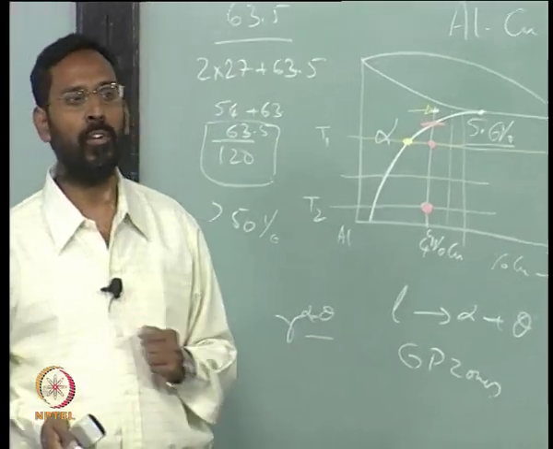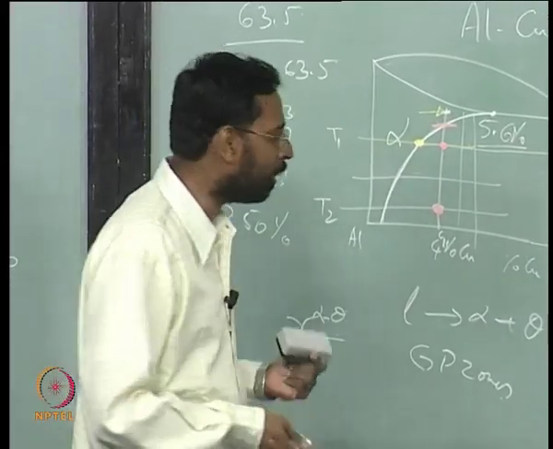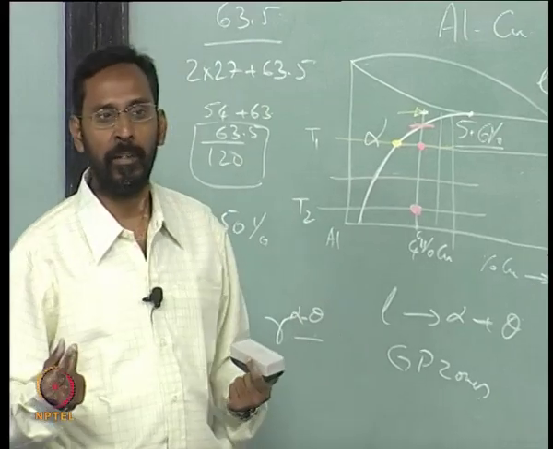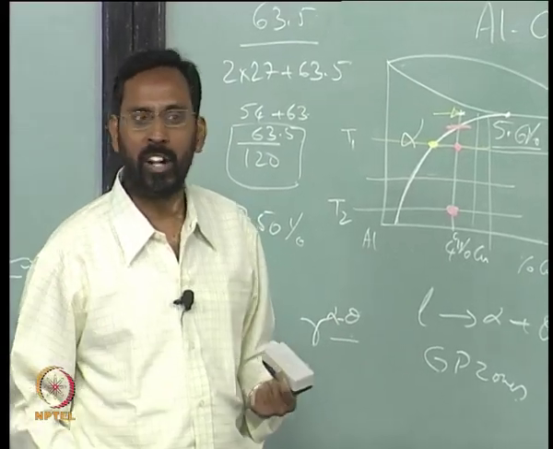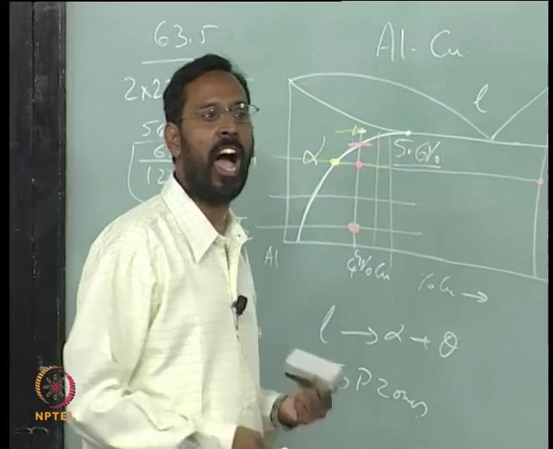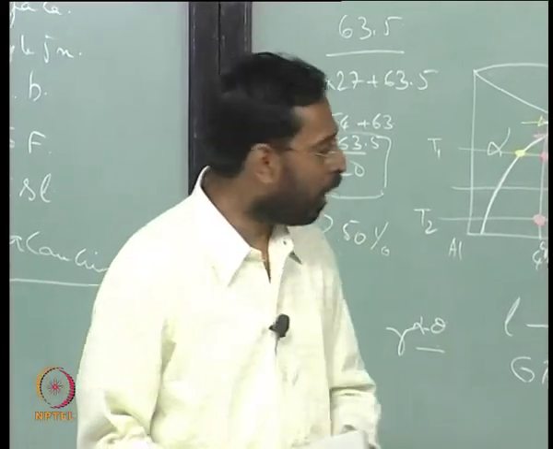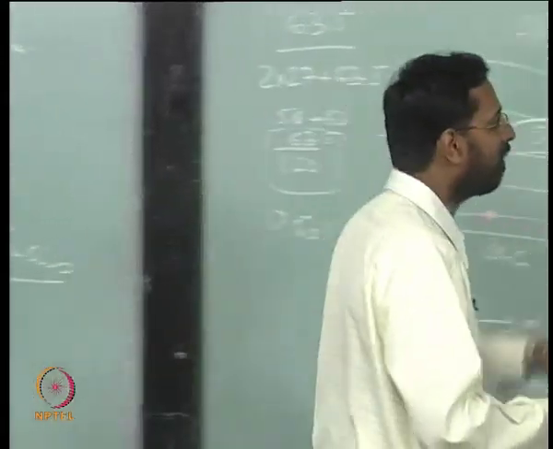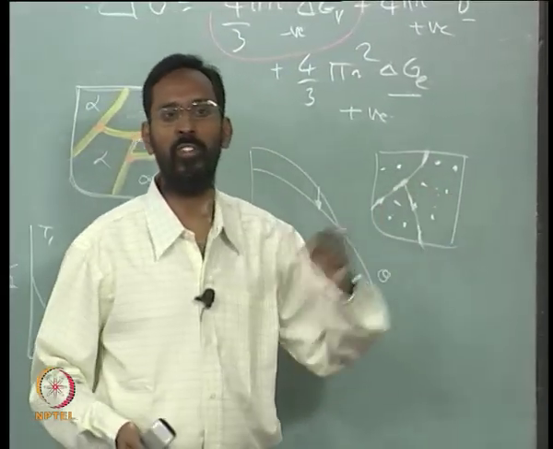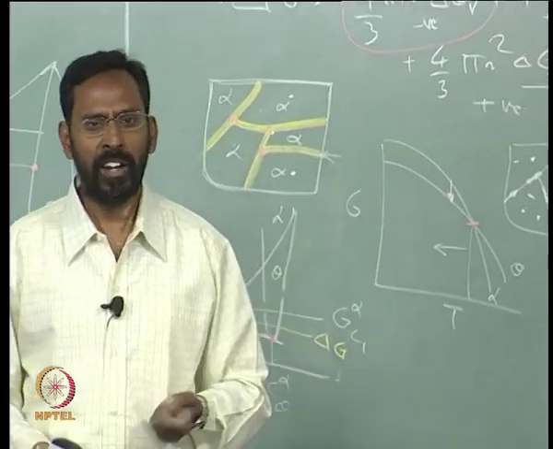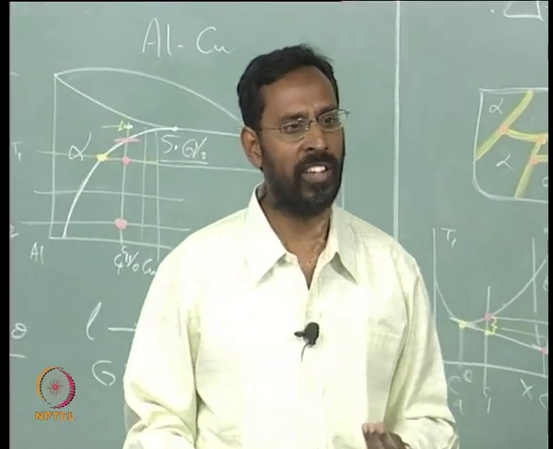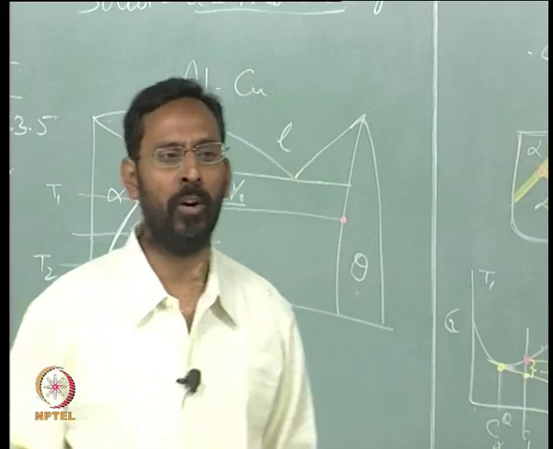The reason GP zones come out is GP zones are nothing but copper rich clusters. They are copper rich clusters, and copper has what structure? FCC. So that means inside an FCC matrix another FCC phase is nucleating, and when an FCC nucleates inside another FCC, obviously the surface energy is very low.